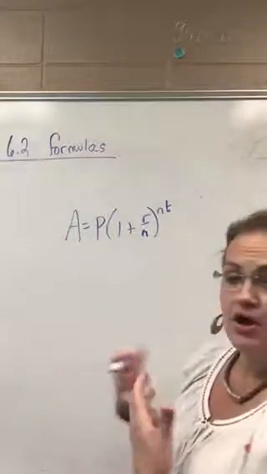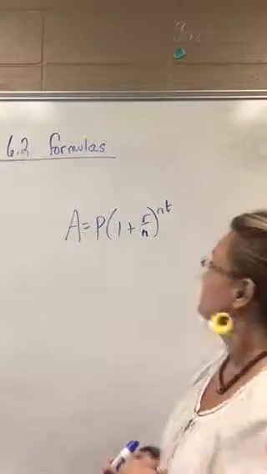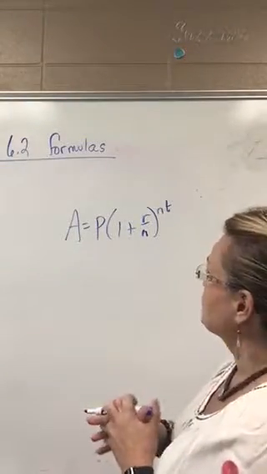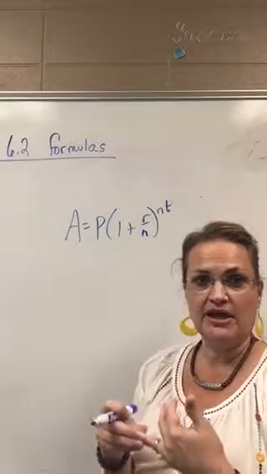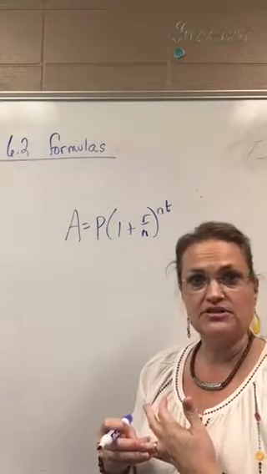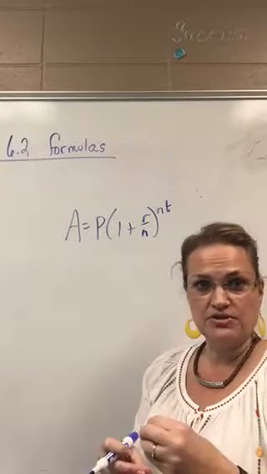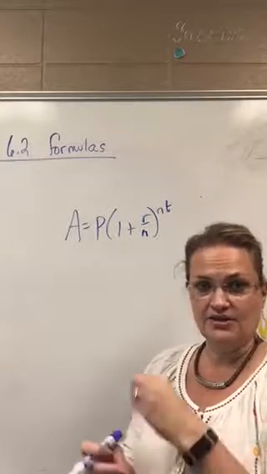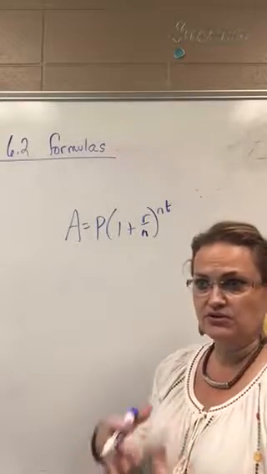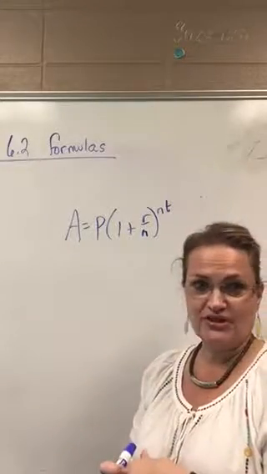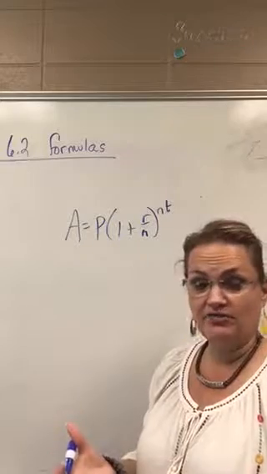So it tells you the compound interest accumulated amount. We have simple interest, the I equals PRT formula, and then we have compound interest, which adds in your interest incrementally. So if you were saving money, for example, and you saved $100 and you got 5% interest on that, at the end of the year you'd have $105.